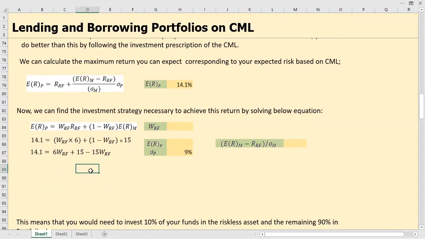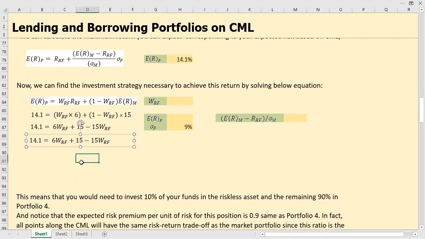Now what you are going to do is take this positive 15 to the other side. This is very easy. I am just doing this for the understanding of viewers. So once you get this 15 to this side, that means 14.1 minus 15, right?